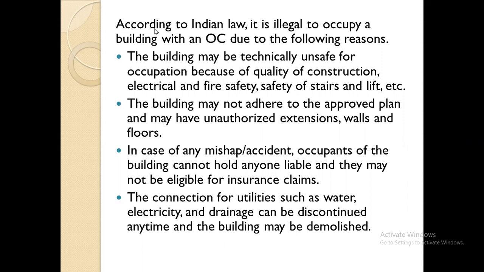In that case you will not get the occupancy certificate, or if there is more deviation, they are not going to issue the occupancy certificate. If a little bit of deviation is there, then they can consider it and charge a fine, and after paying the fine you will get the occupancy certificate.